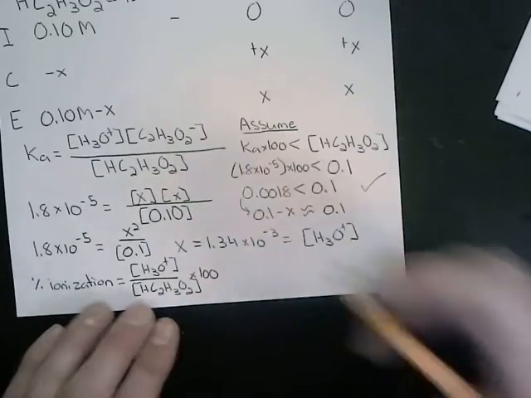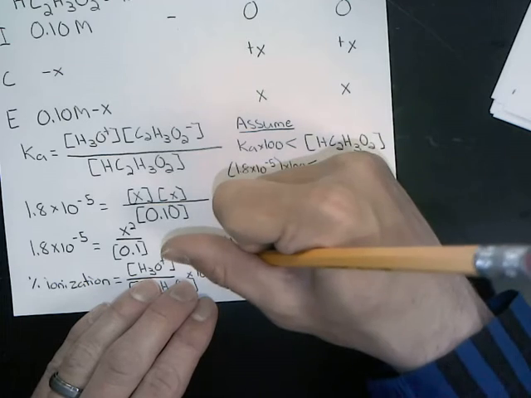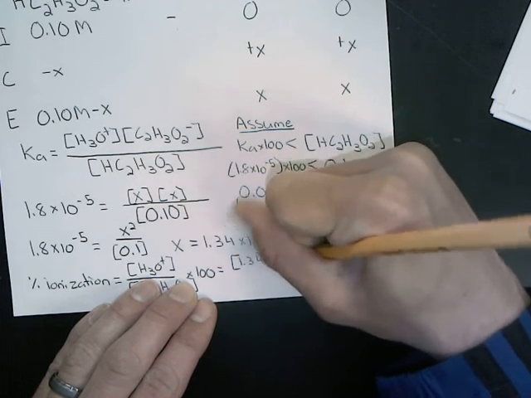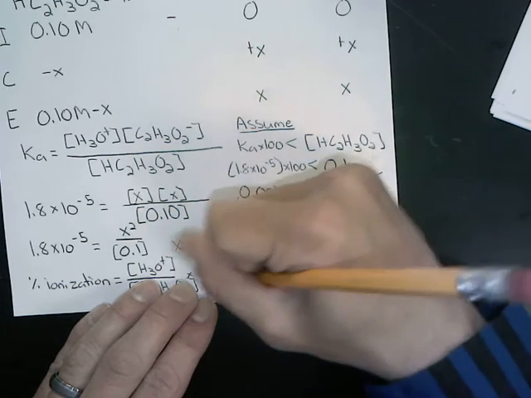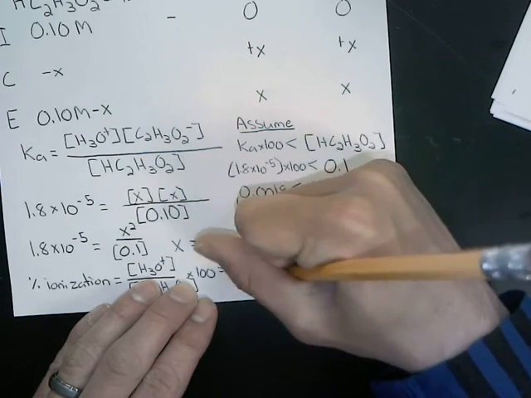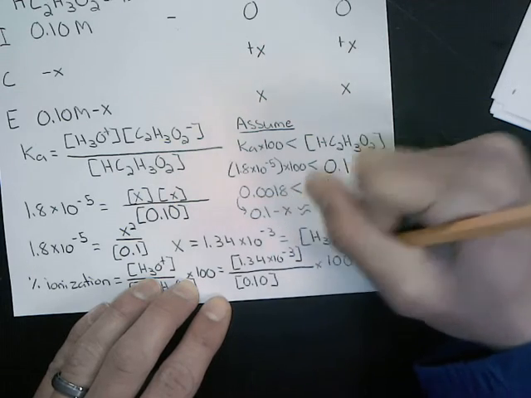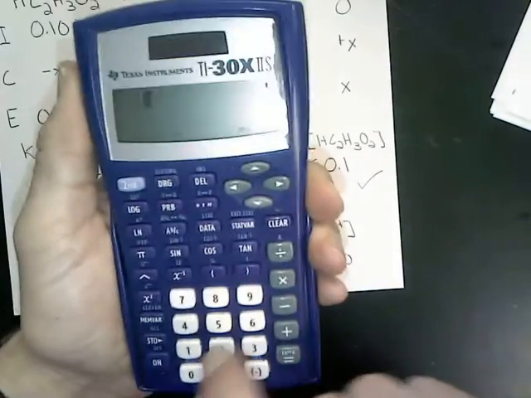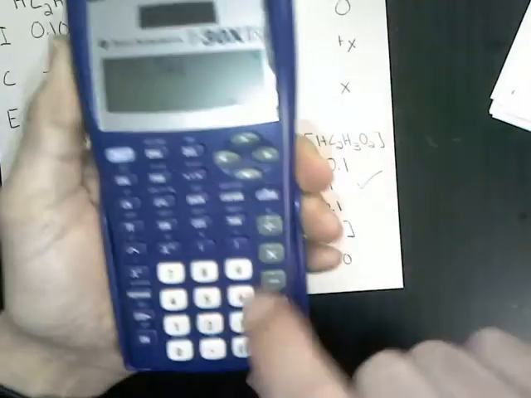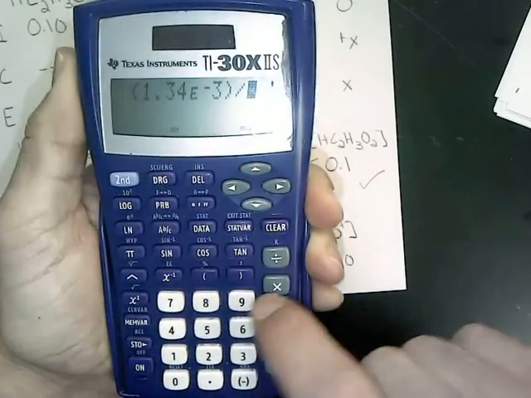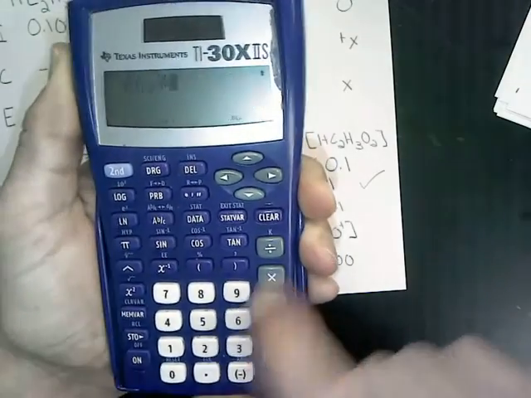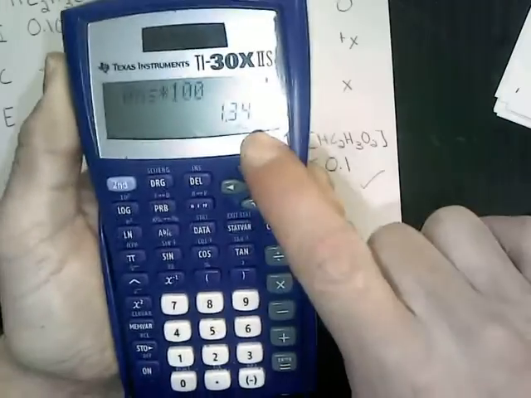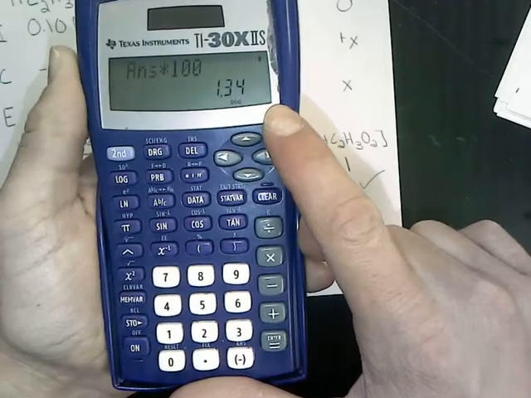Now, I'm just going to insert my numbers, and we're going to end up with 1.34 times 10 to the negative third, all divided by 0.1, because that's our original acid concentration, and we multiply that by 100. So again, just throwing that into our calculator, we end up with 1.34% ionization.